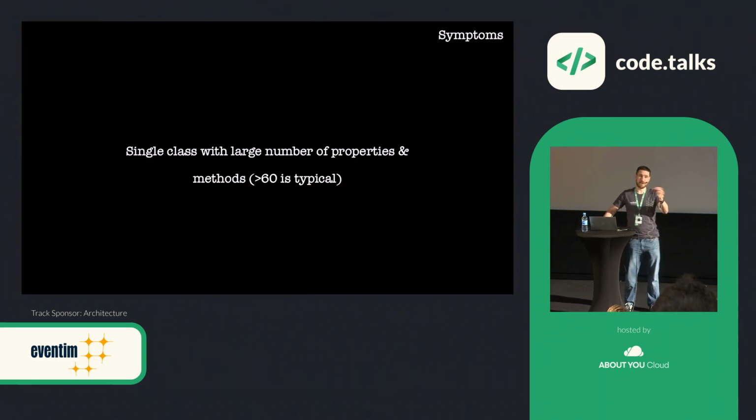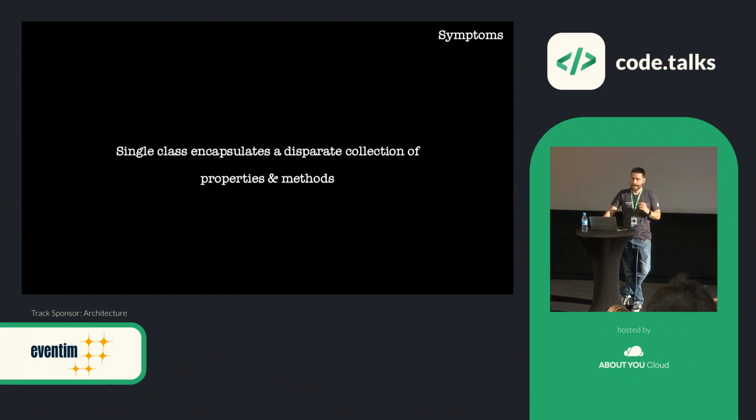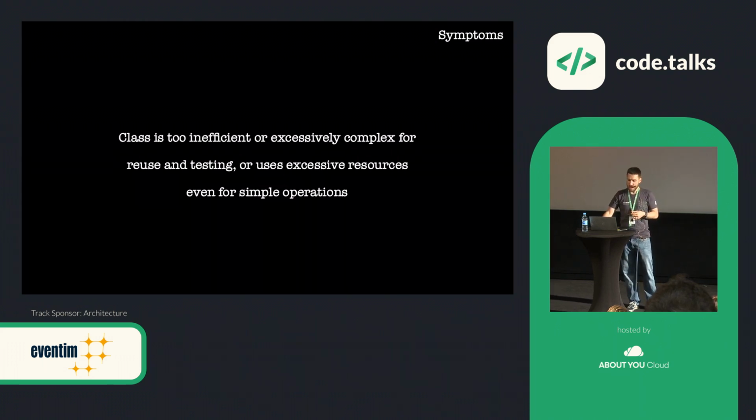So symptoms of a god class or a blob: you'll have a single large class with a huge amount of properties and methods. More than 60 is typical. That single class has a really disparate collection of things that it does. It doesn't actually have one job. It's got so many different jobs. And it's too inefficient to be reused. You can't test it. And it uses excessive resources, even for doing simple stuff.